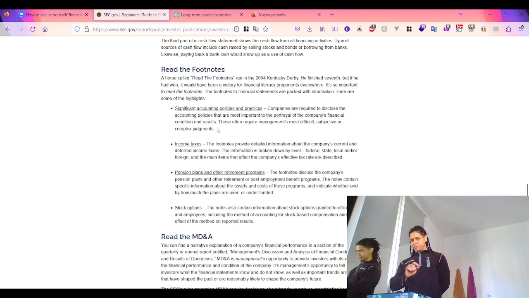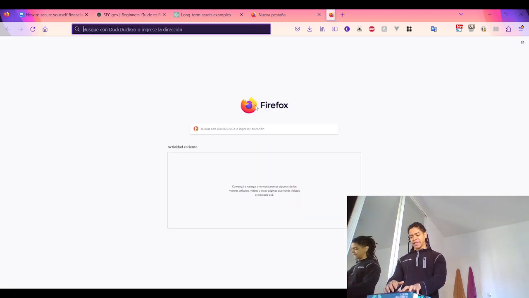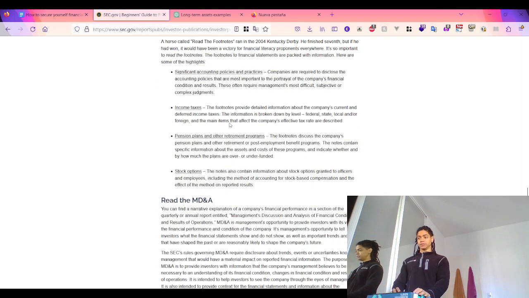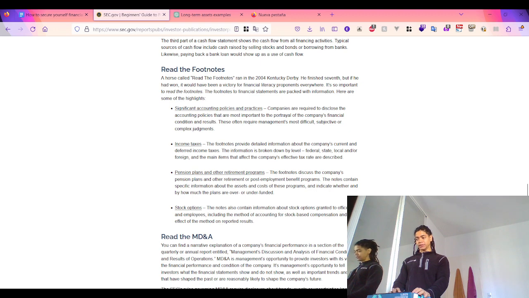In theory, the company must disclose the accounting policies, the way they are adhering to these accounting principles, whether it's GAAP in the US or the International Financial Reporting Standards. Very interesting.